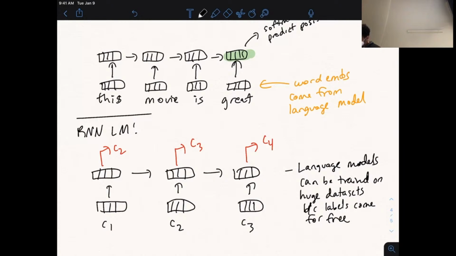So in ELMo, we trained one of these language models on 1 billion words, which at that time was pretty big. And then we thought, these representations here, the hidden states of this RNN, they actually contain a lot of useful linguistic information about the input sentence.